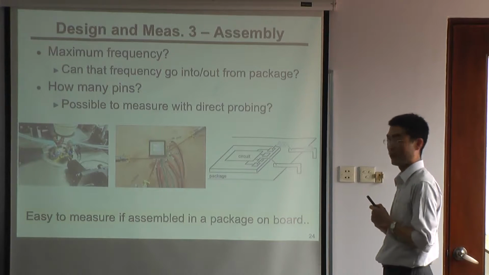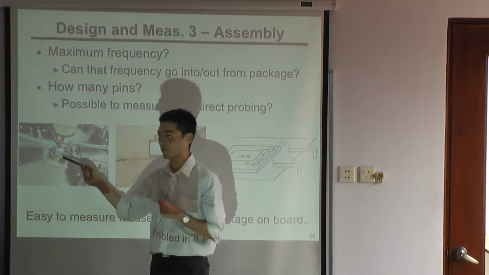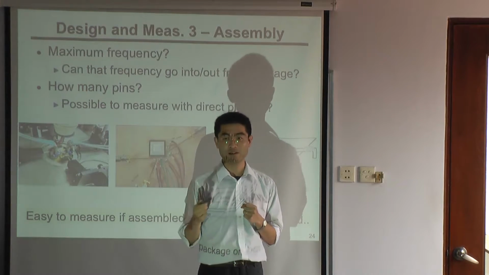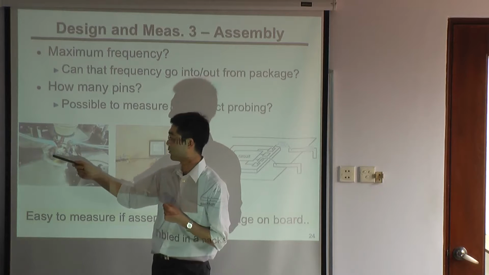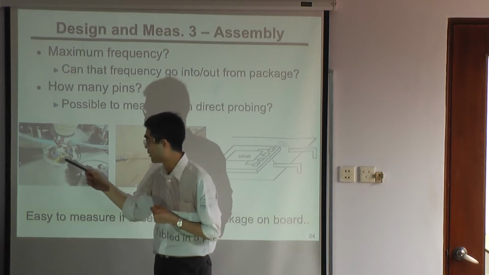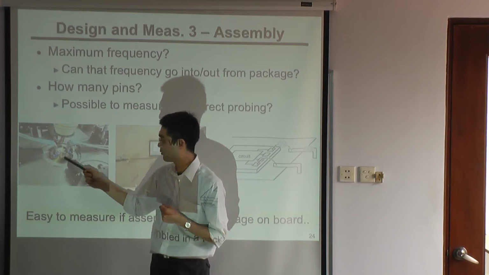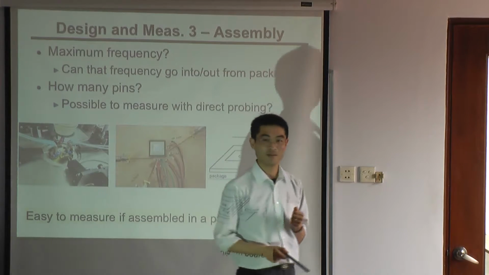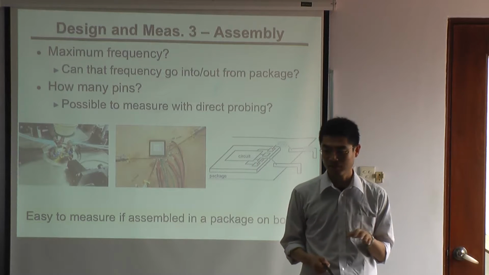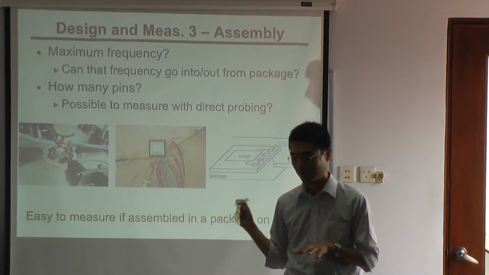And how many pins do we have? For this, the number of pins is very restricted. We have only 2 high-speed inputs and 2 high-speed outputs. And also this one has a lot, maybe this block has 7 pins, and maybe at most it has 15 pins.